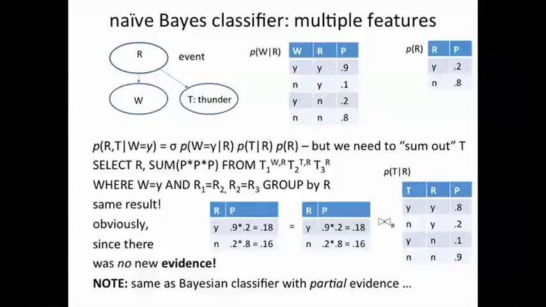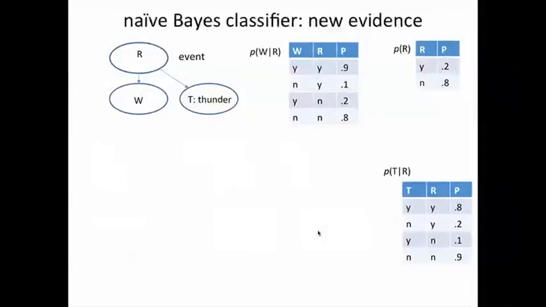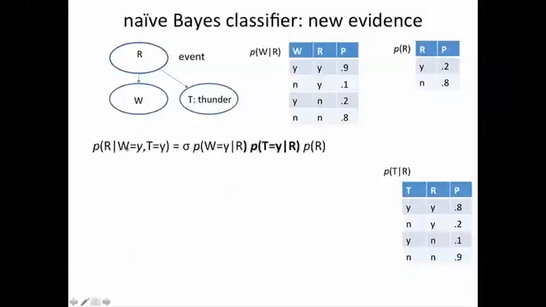That's all. Now let's see what happens if we actually do have evidence about T equal to yes or no, and let's suppose we have T equal to yes. So now we're looking for the probability of rain given W and T are both yes. And now in this case we restrict our multiplication by the P of T given R table to the case where T equal to yes only.